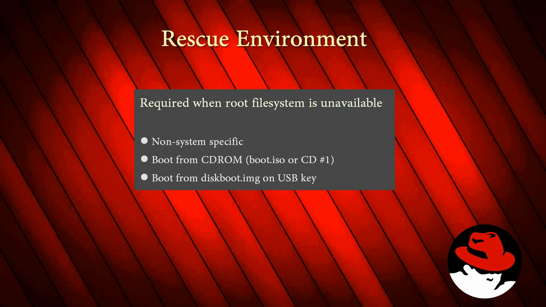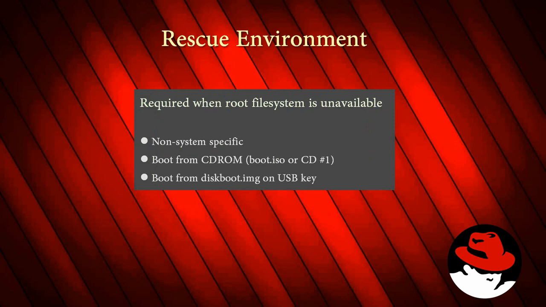The rescue environment is required when the root file system is unavailable, or for a non-system-specific boot. You can boot from CD-ROM, or boot from diskboot.img on a USB key. The rescue environment exists within a RAM disk image. Because of limitations on size and the number of inodes, the table for directories, many familiar utilities and device nodes are not available.